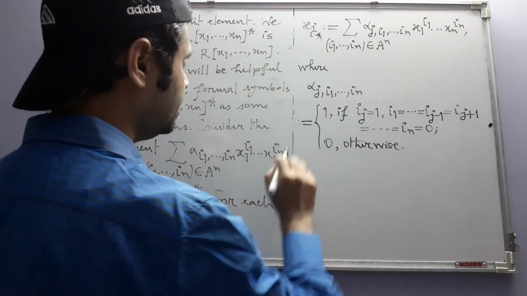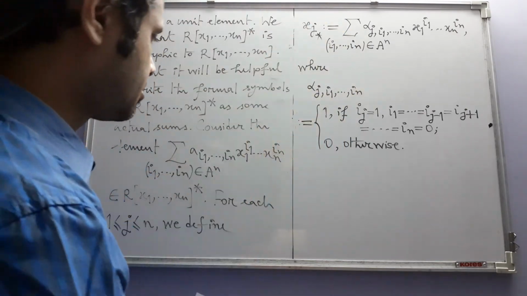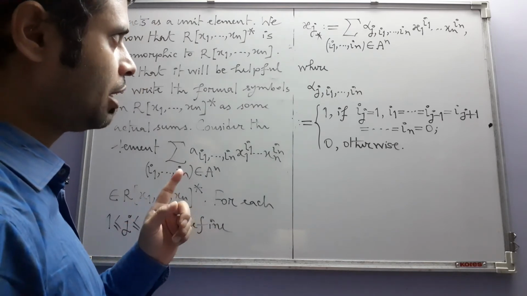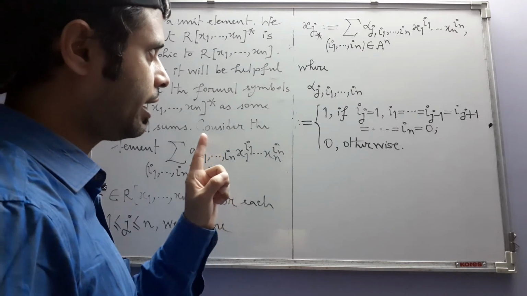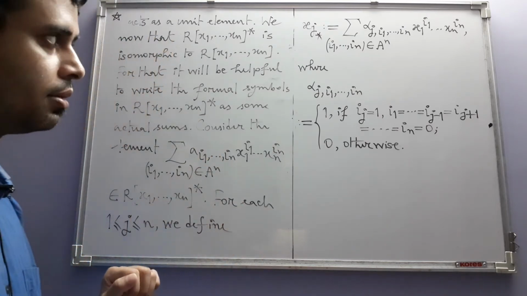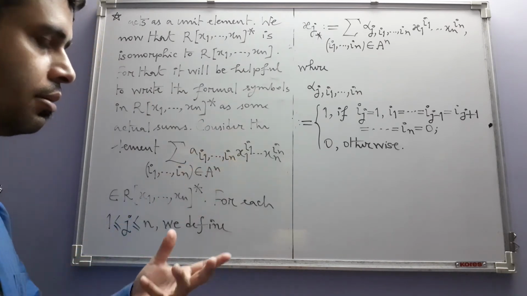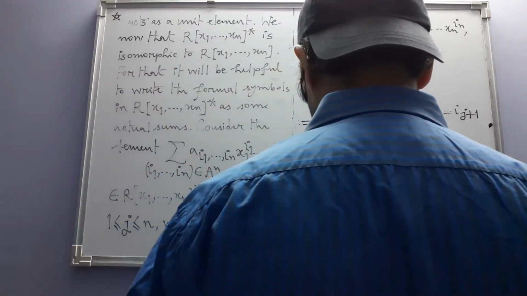Okay, now with these elements, these are again formal symbols, so they are elements in the ring. One can carefully note that using the definition of addition and multiplication that we already have in this ring, we can now write such a formal symbol as an actual sum, and that's what we are going to write.